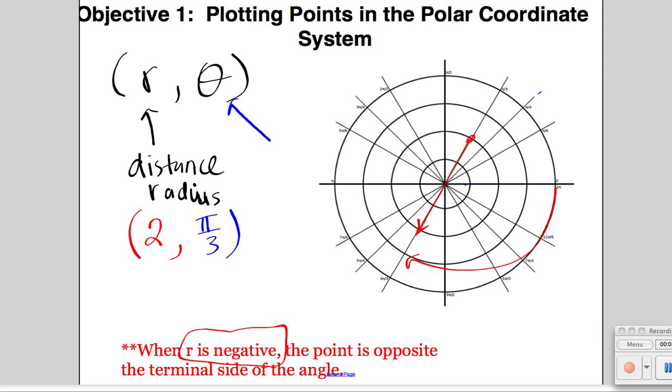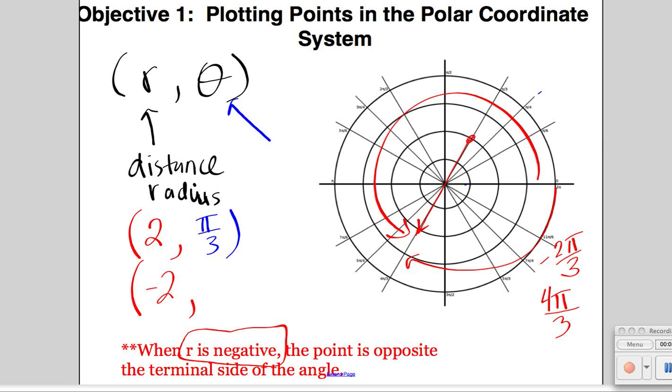Notice that this angle can be described as a negative or as a positive angle. If we describe it as negative, it would be negative 2 pi over 3. Or this angle could be described as 4 pi over 3, the positive angle going all the way to here. If we use one of these angles, the r would actually be negative 2.